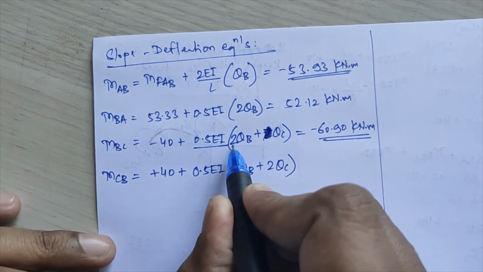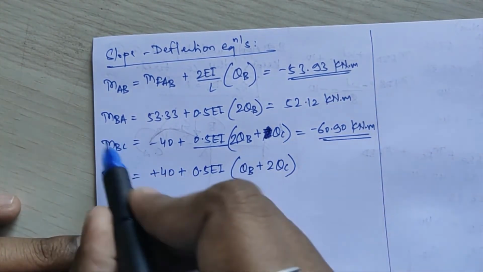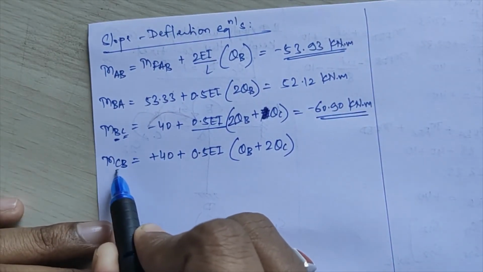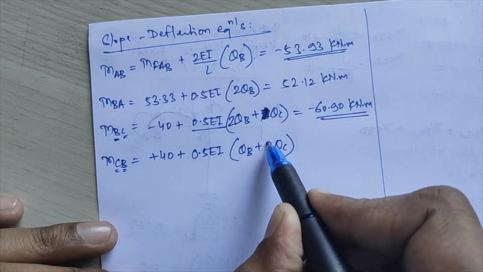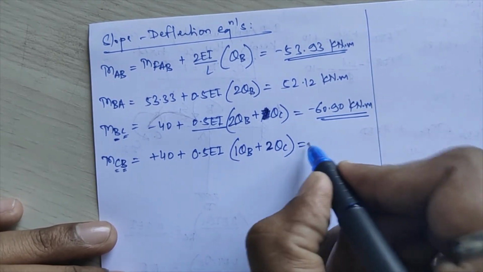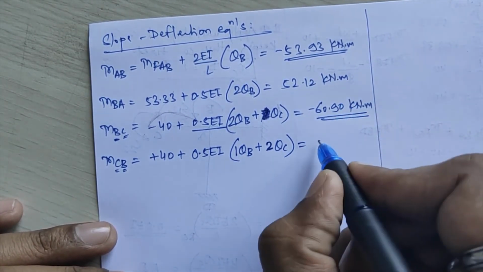You correct this, I'll get as 2 times of theta B plus theta C, because B will be your near end and C is the far end. Here reverse condition is there, C is your near end and B will be far end, so C will be multiplied by 2 and B will be multiplied by 1 over there. Okay, so if you substitute theta B and theta C again over here, I am getting this as 0.